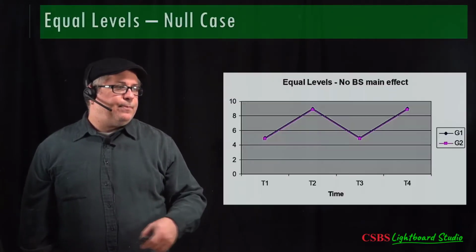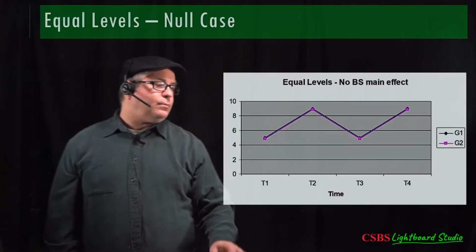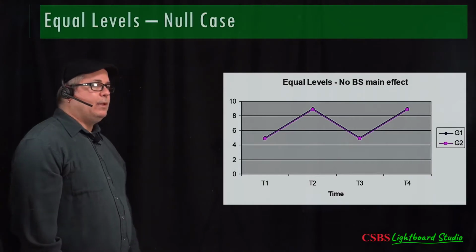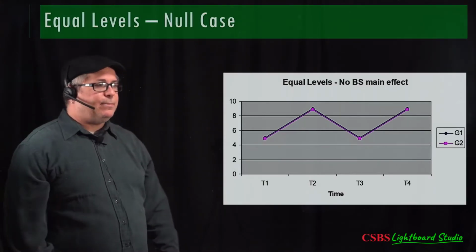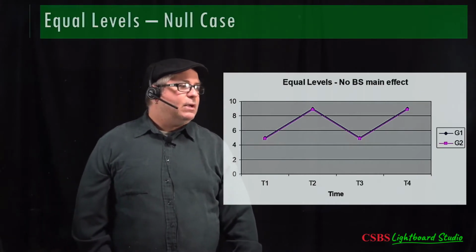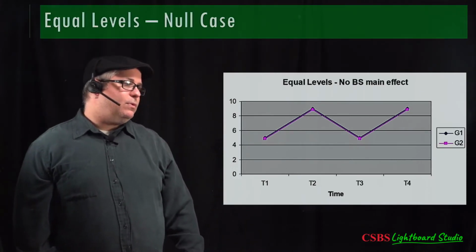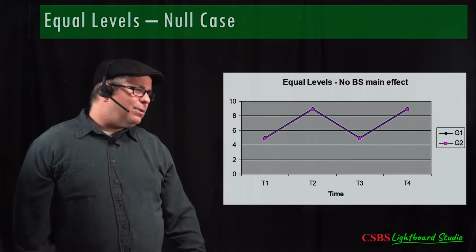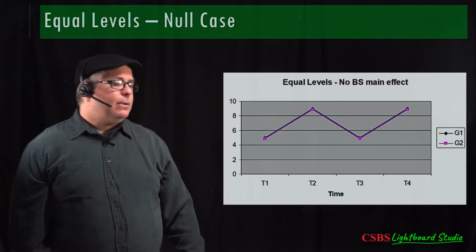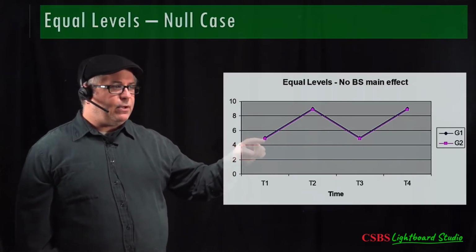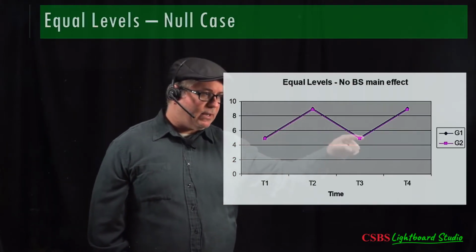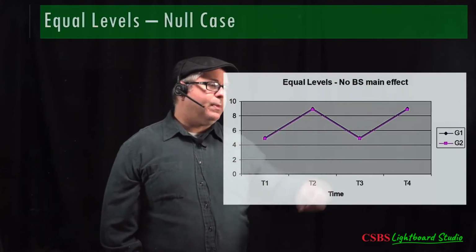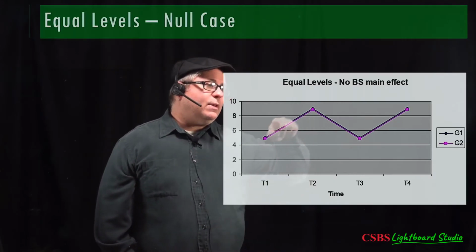All right. So something like this would be an equal levels test. Hopefully you can see group 1 is a dark blue, and the other one's purple or pink or something. Even though from time 1 to time 2 they're increasing, then decreasing again at time 3 and increasing again at time 4, both groups are at the exact same level.